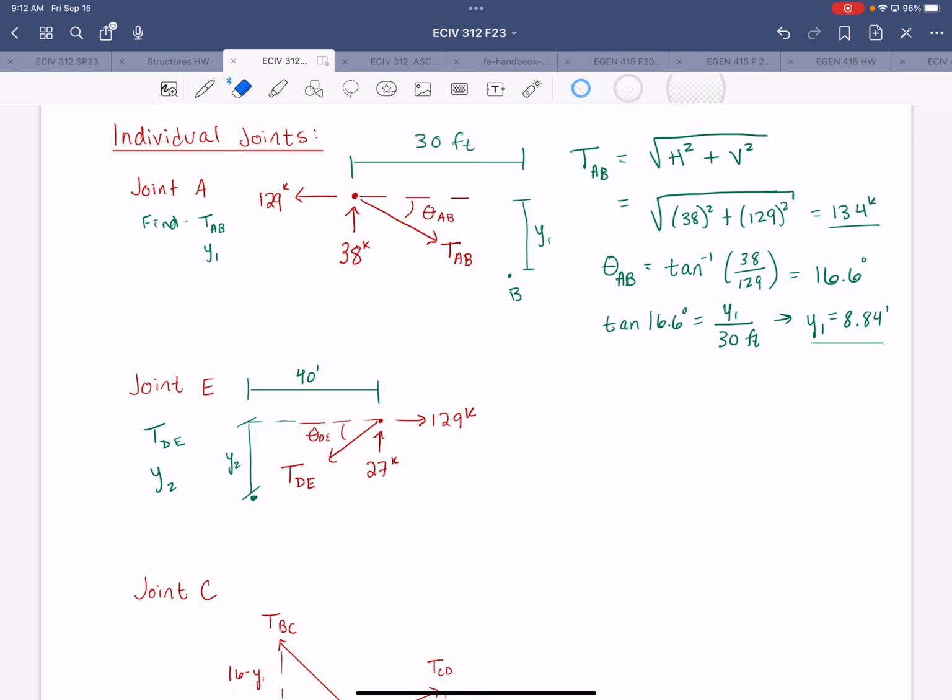And remember, we have a 6 foot, let's see, actually, to be consistent, I'm going to measure Y2 from point A. So let's do this.